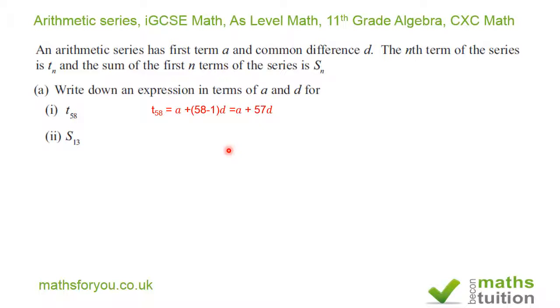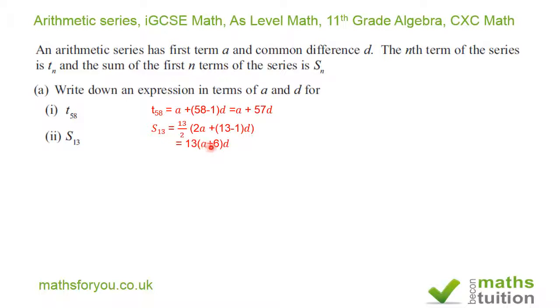Now for s sub 13, the sum of the first 13 terms, that's a bit more difficult, I think. s sub 13 is 13 over 2 into 2a plus 13 minus 1 d. Now 13 minus 1 is 12, and 2 and 12 are multiples of 2, so we can divide the 2 and the 12 by 2.